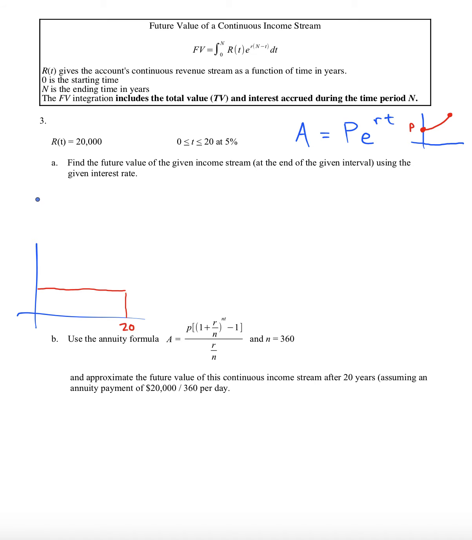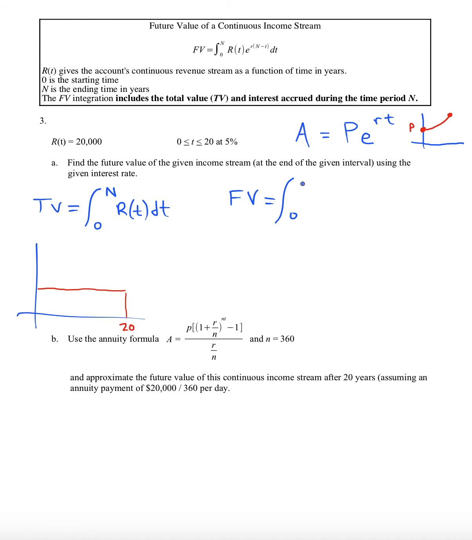And in the past, we found the total value by integrating from 0 to n of that 20,000 dt. Okay, but we want this money to earn interest. And so the future value has a little bit different formula.